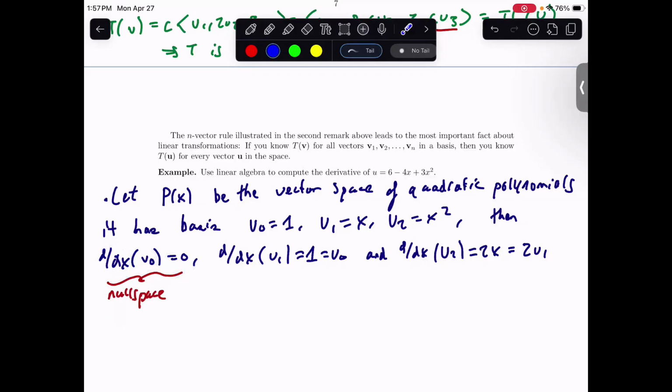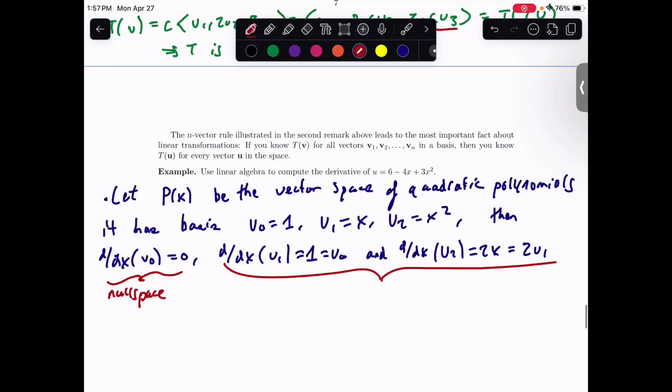So there's some non-zero element that we can apply this transformation to, and we end up getting 0, or the 0 vector in this vector space. And then these two are going to correspond to the column space, which will be more clear when we look at the matrix associated to this transformation.